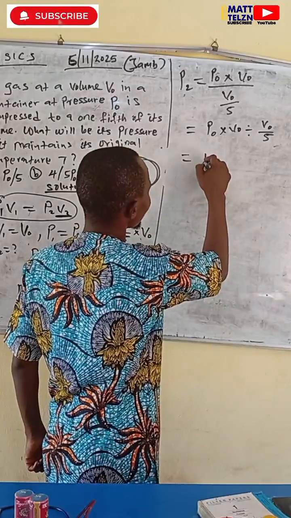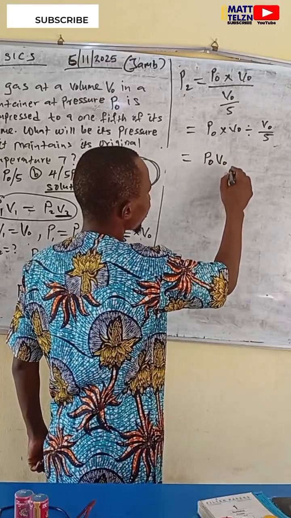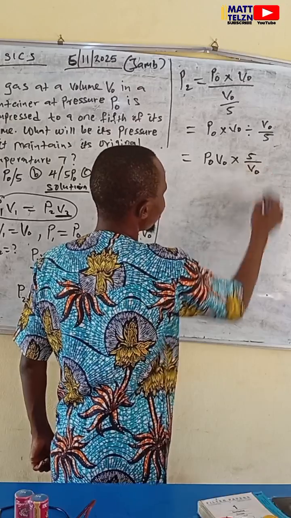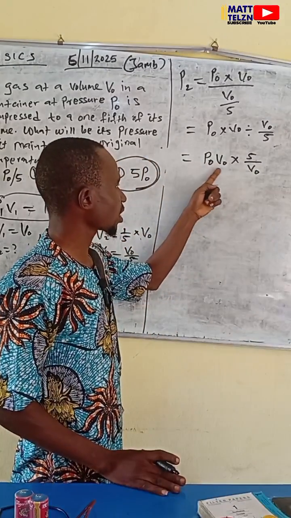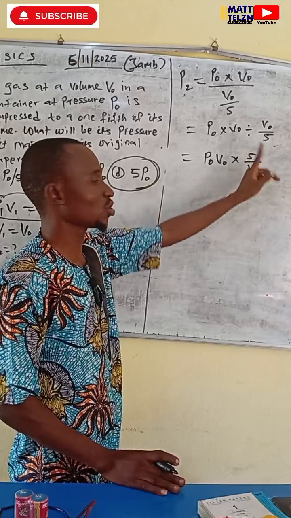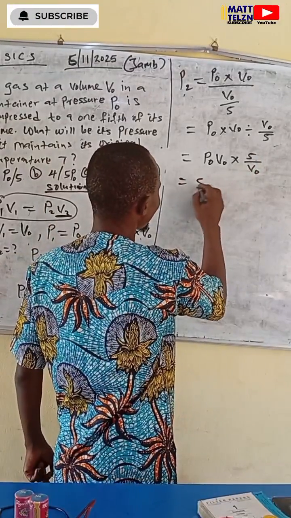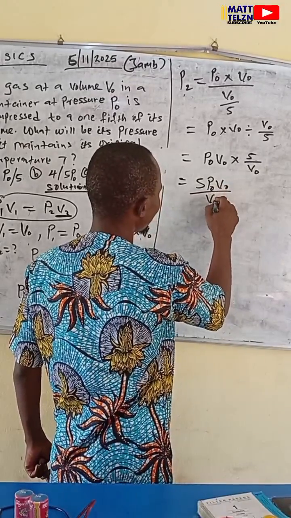Next, I'm going to have P naught V naught times 5 over V naught. This aspect now will multiply the numerator, not the denominator. So what I have is 5 P naught V naught divided by V naught.